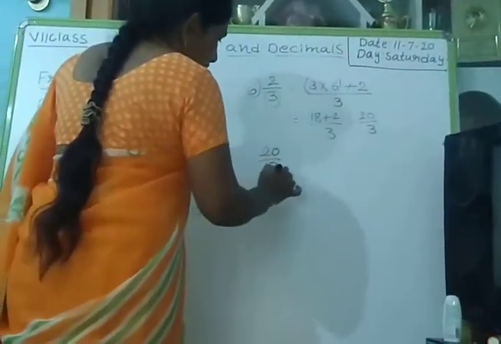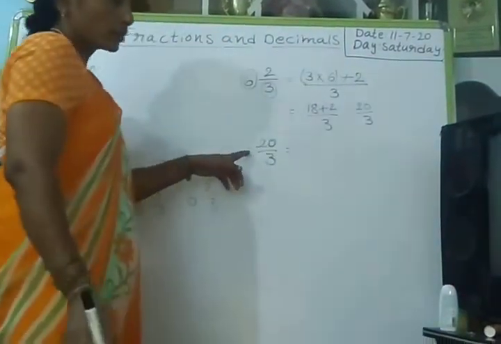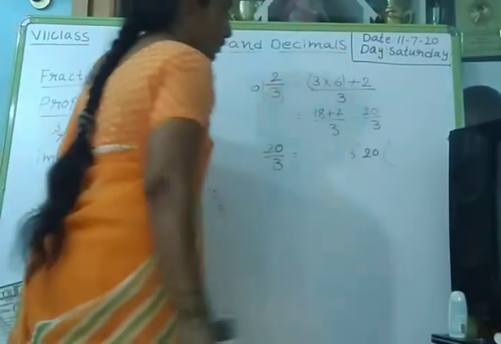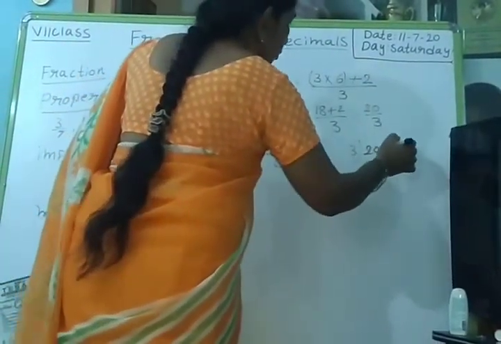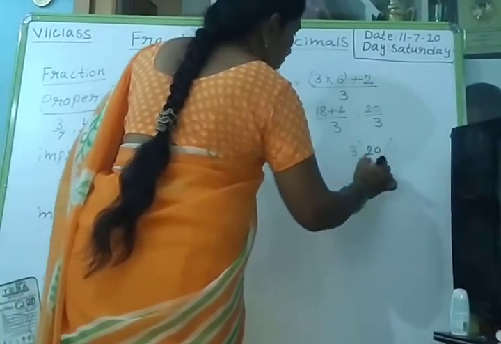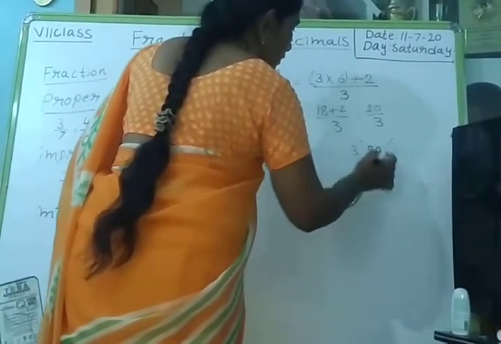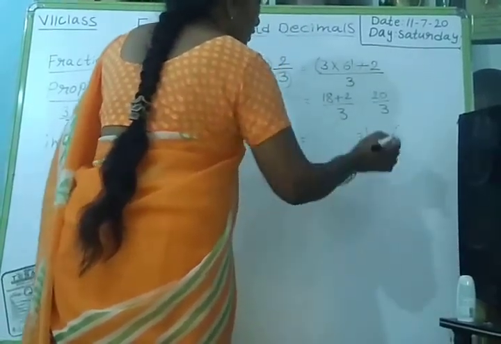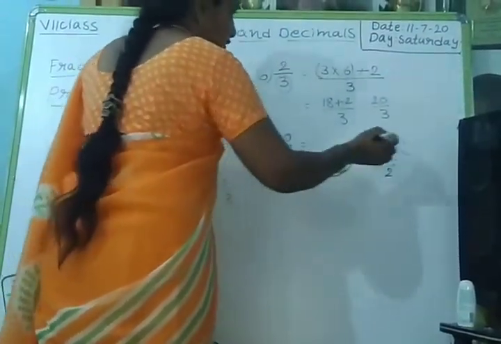Again, 20 by 3 is an improper fraction. How will we convert it into a mixed fraction? We have to divide 20 by 3. 3 sixes are 18. 20 minus 18 is 2, so the remainder is 2. How do we write the mixed fraction?